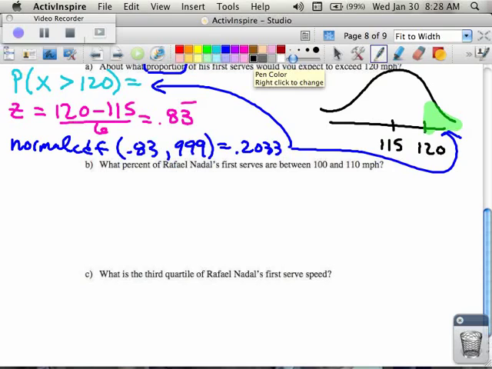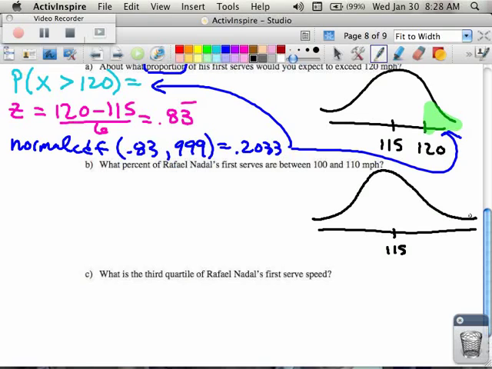In this particular picture, we're talking about Nadal's serves between 100 and 110. So we notice that both these scores are below the mean. You can draw our picture. I always like to put the mean on no matter where it is. So here's 115. I draw my normal curve. And the scores of 100 and 110 are over here. So here's 100 and here's 110.